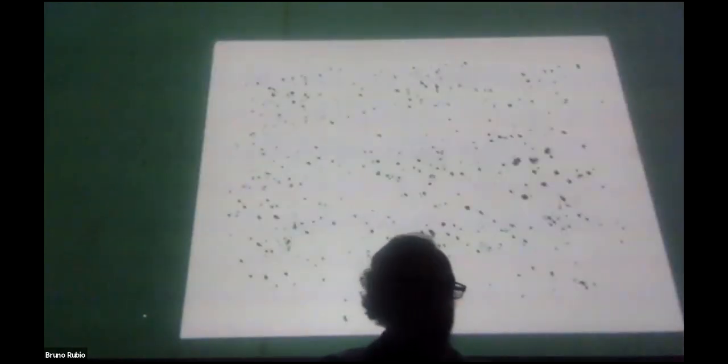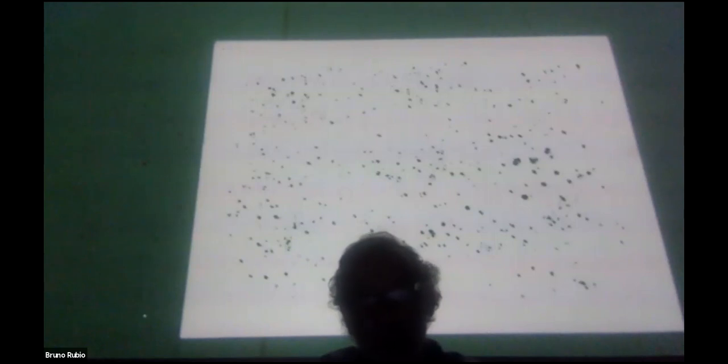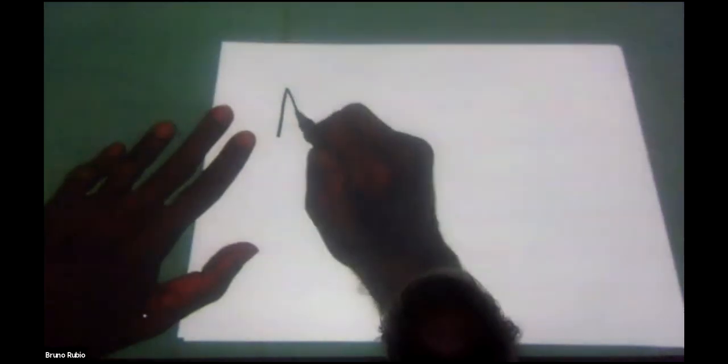Okay, let's try another one. How about a hard one now? How about something really hard? Those of you who were with me last semester, you know I love this thing. I'll call this the witch's hat molecule.